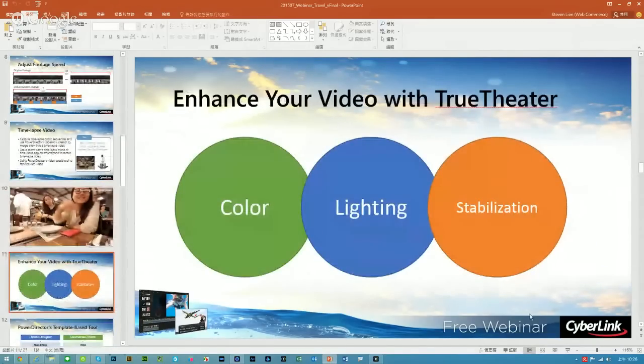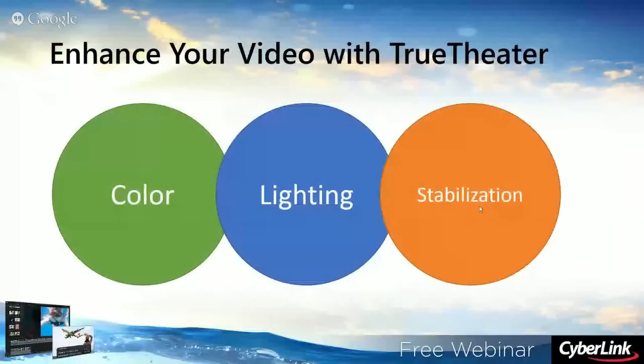All right, so that's the adjusting speed part. Next, we're talking about how to make your footage better. We talked about color, lighting, and stabilization. Color matters when we take underwater footage and want to make pale footage higher in saturation and better in color.